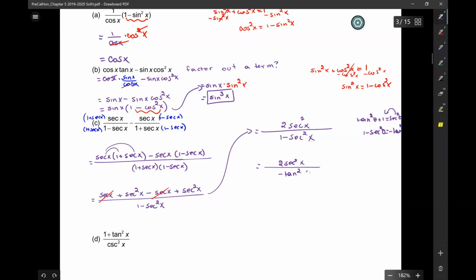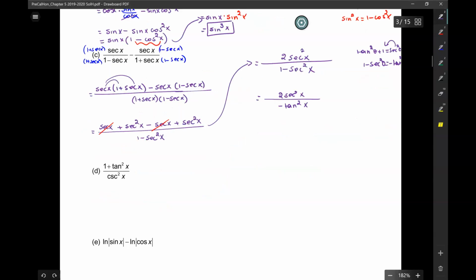Okay, so here I have 2 secant squared x, which is 2 times 1 over cosine squared x, over negative tangent squared x, which is negative sine squared x over cosine squared x.